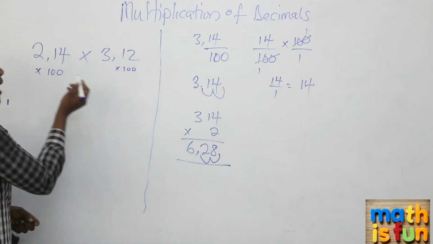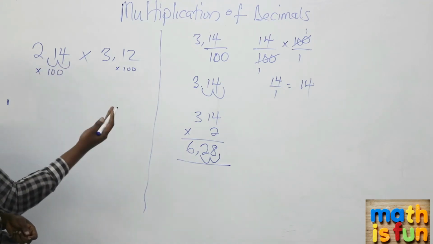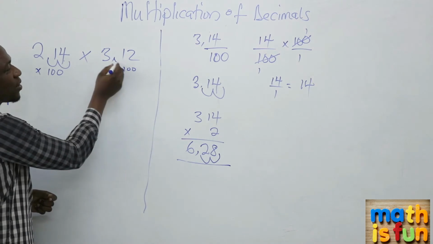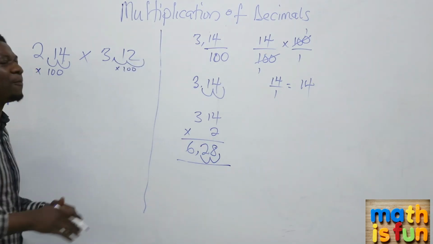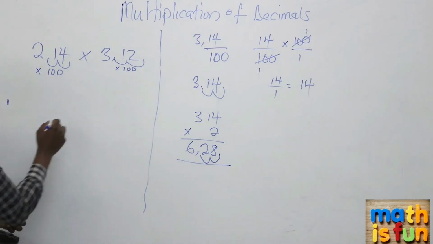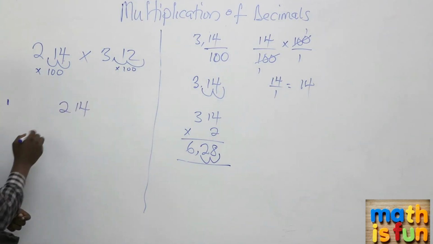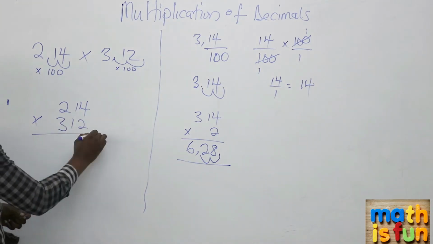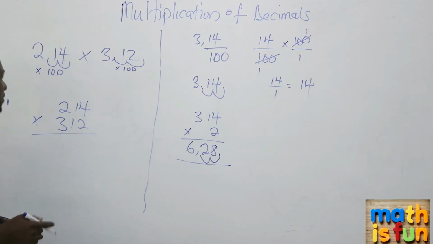That means that I'm moving the decimal comma 1, 2 to the end so that I get a whole number. Here I move the decimal comma 1, 2 to the end. I also have a whole number. So now my multiplication that I have to do is 214 multiplied by 312. That way. Okay, good.